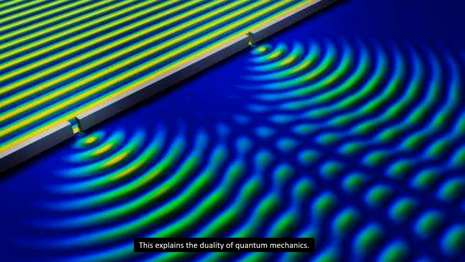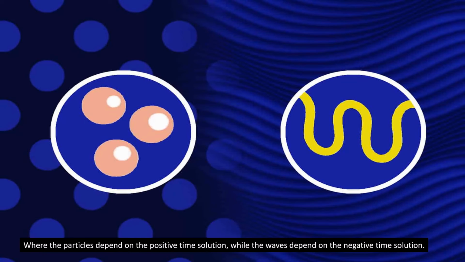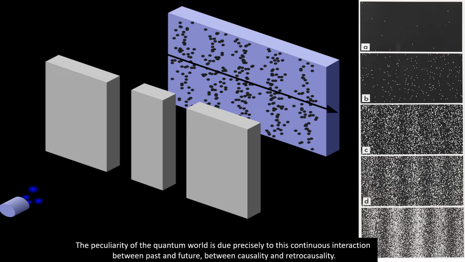This explains the duality of quantum mechanics, where the particles depend on the positive time solution, while the waves depend on the negative time solution. The peculiarity of the quantum world is due precisely to this continuous interaction between past and future, between causality and retrocausality.